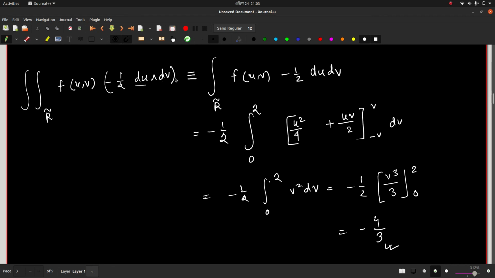So what would happen is that you would get a plus 4 by 3, and this is a pretty weird thing when you see it at first, because we said that this type of integral should give you a volume, and you are having a negative sign on the volume. Again, the volume is not negative, it's just the orientation that has been changed when you went from the xy coordinates to the uv coordinates.